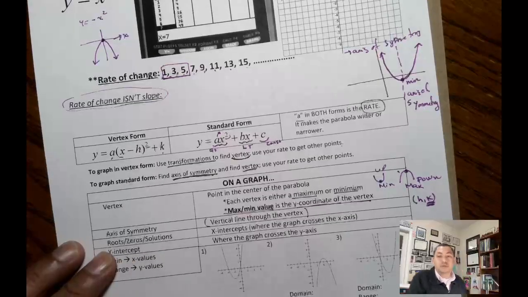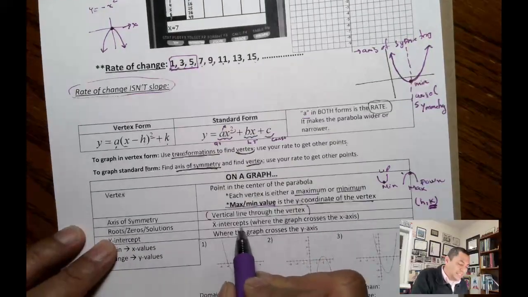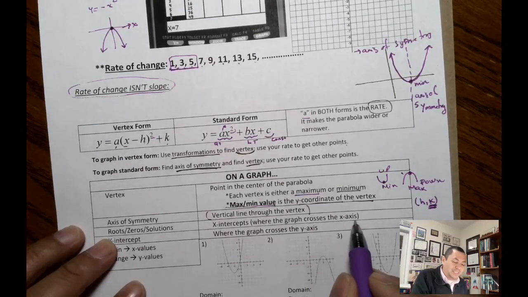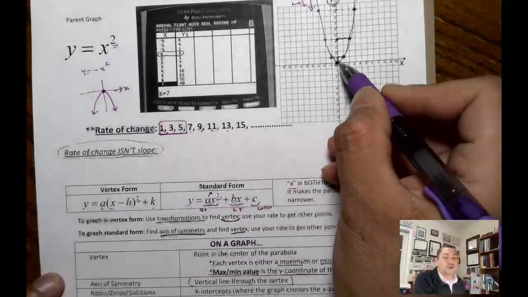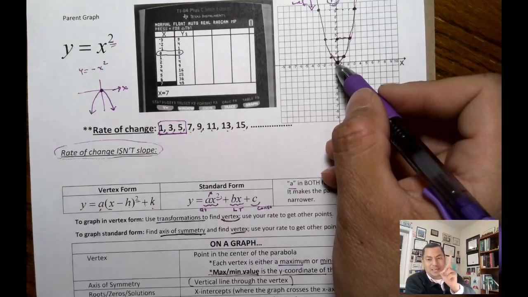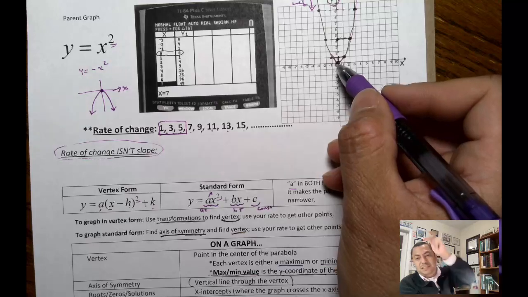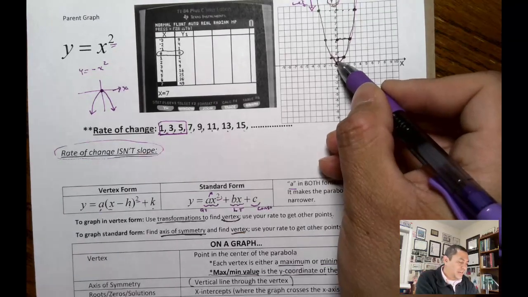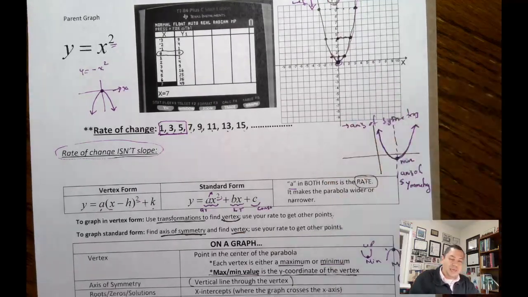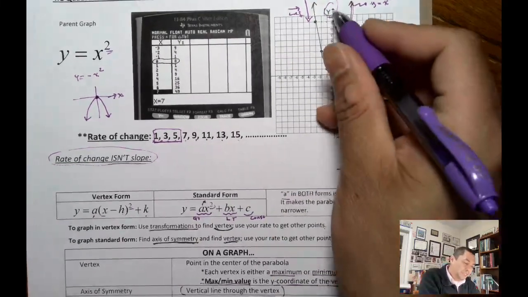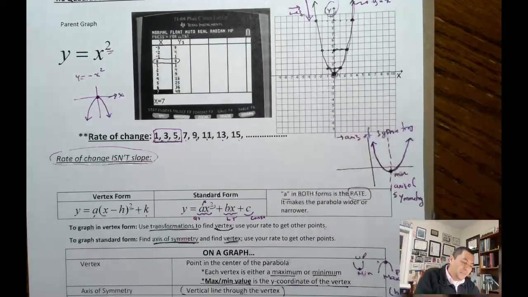Roots, zeros, and solutions are the x-intercepts, where the graph crosses the x-axis. In this case, it doesn't cross, it touches the x-axis, then turns around. This is the x-intercept, and it is also the y-intercept because it crosses the y-axis at this same point.